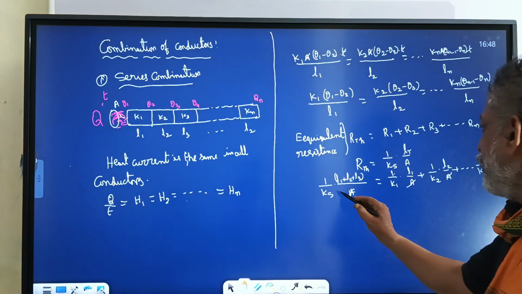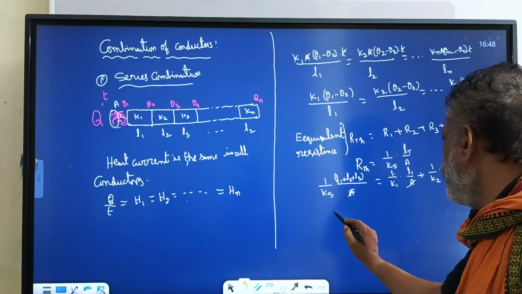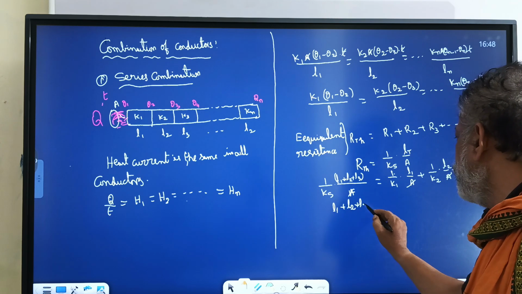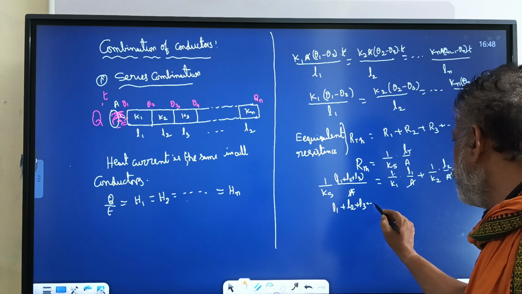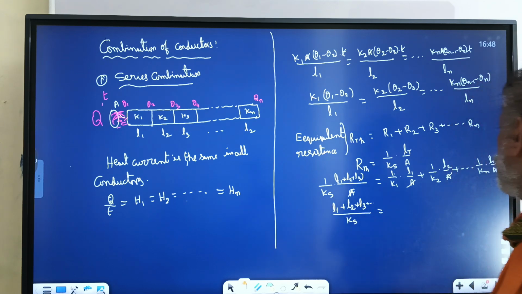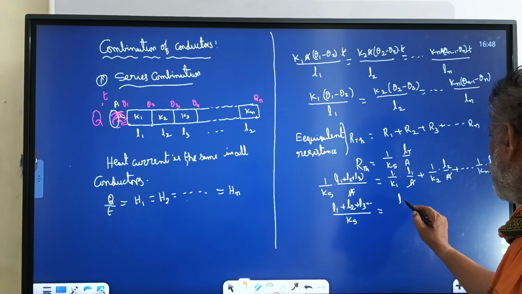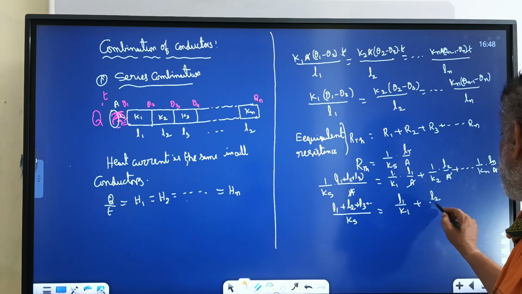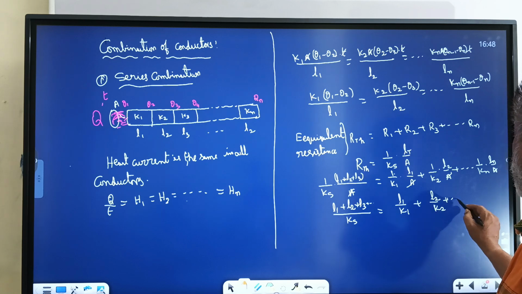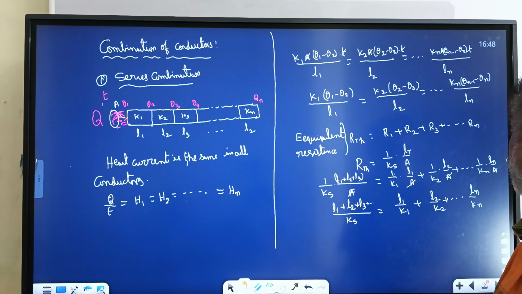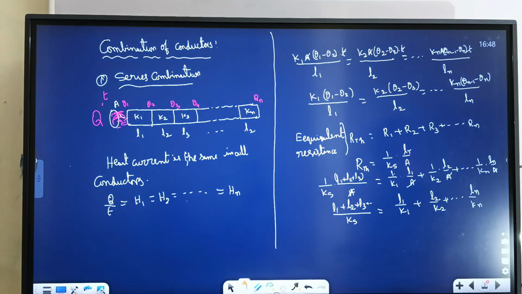So L1 plus L2 plus L3 divided by Ks is equal to L1 by K1 plus L2 by K2 plus Ln by Kn.